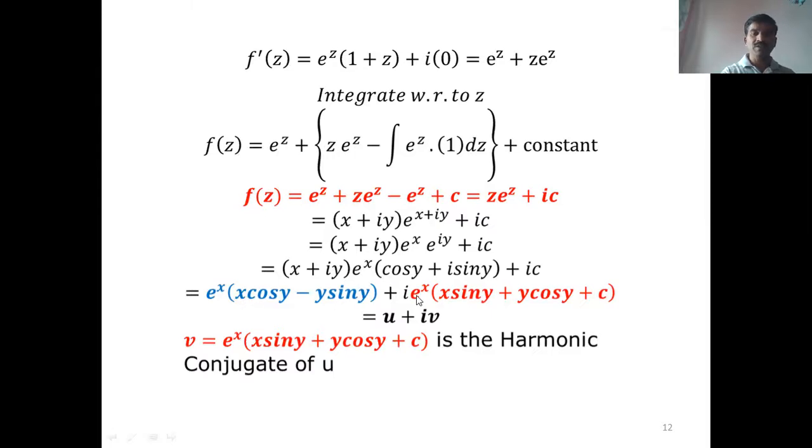The remaining part is the imaginary part, so the integrating constant also combines with the imaginary parts. So separating real and imaginary terms, this is v, this v is the harmonic conjugate of u, and also this f of z is the analytic function.